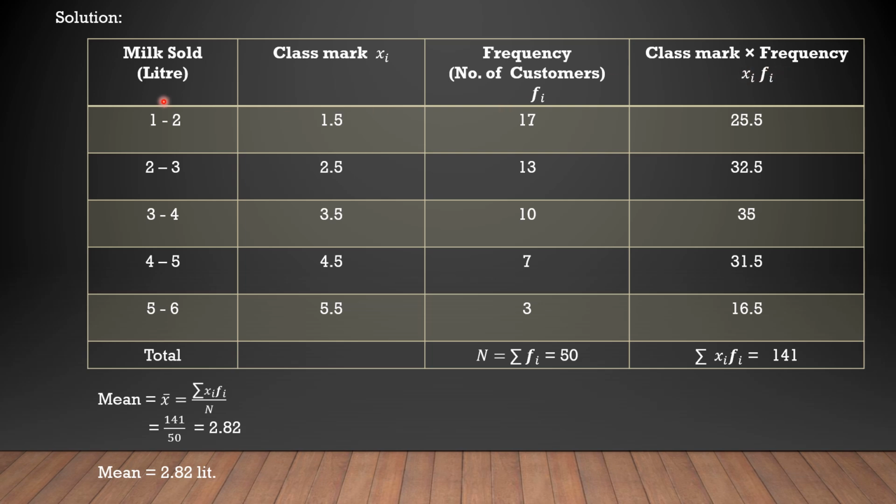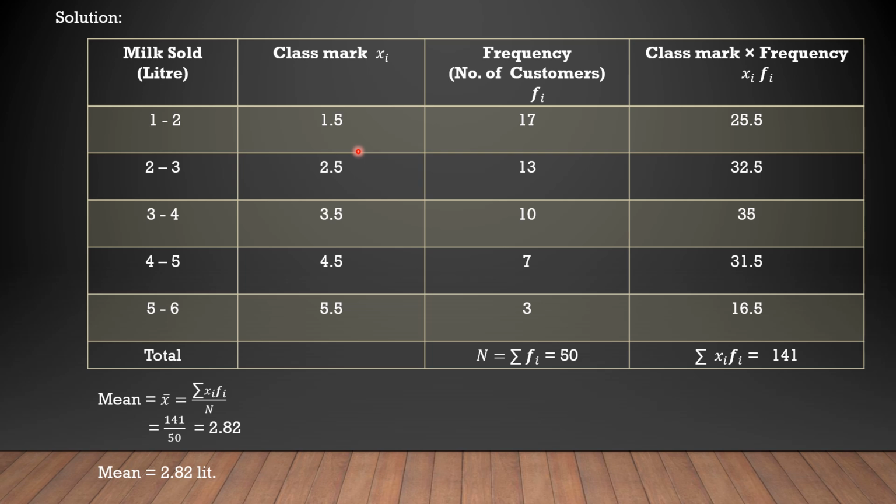So first we write milk sold in liters: 1 to 2, 2 to 3, 3 to 4, 4 to 5, and 5 to 6. And the frequency, the number of customers, is 17, 13, 10, 7, and 3. So these are the values of Fi.